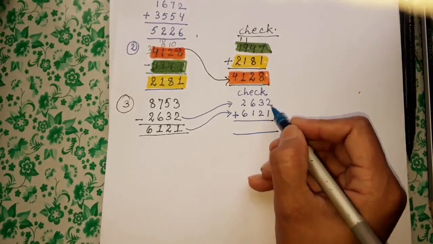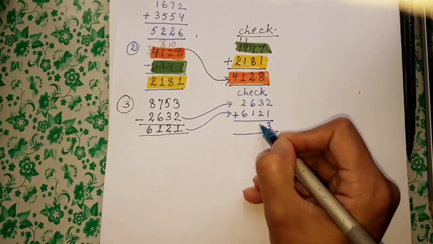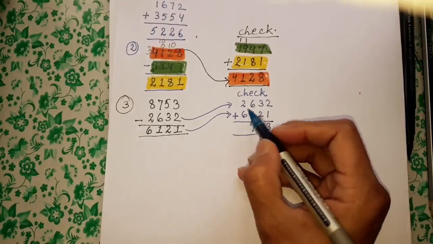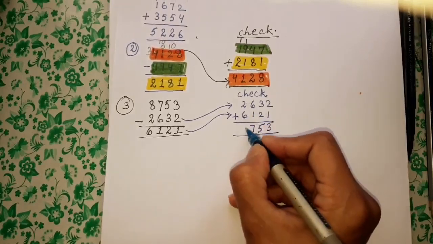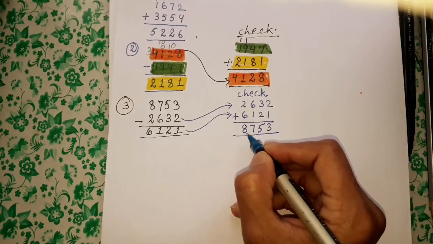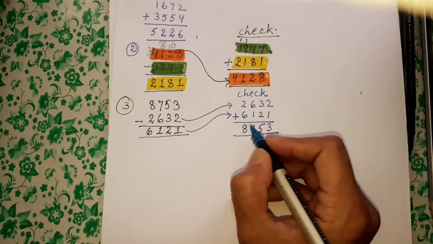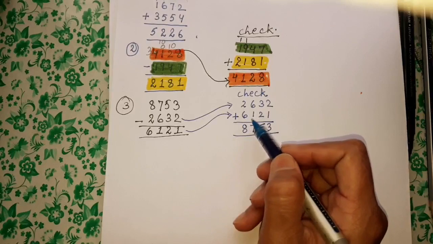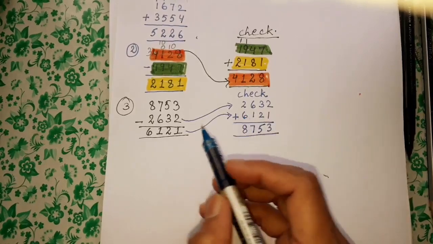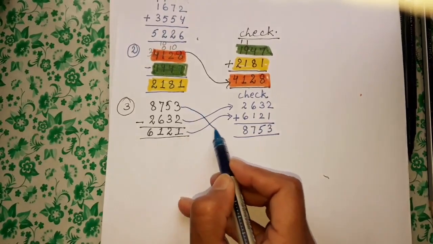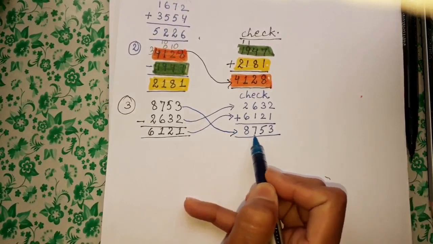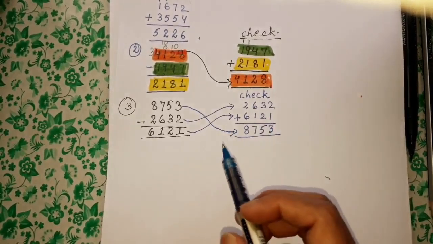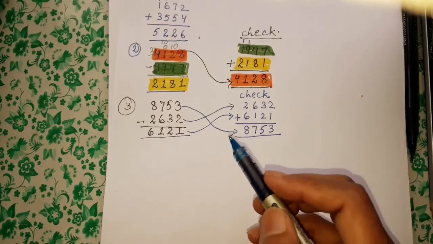Just add it. 2 plus 1, 3, 3 plus 2, 5, 6 plus 1, 7, 6 plus 2, 8. We get 8753 as a sum of 2632 and 6121. So, our minuend comes 8753. So, it shows that our subtraction is correct.